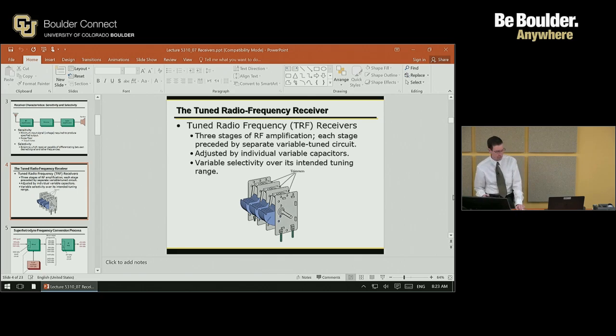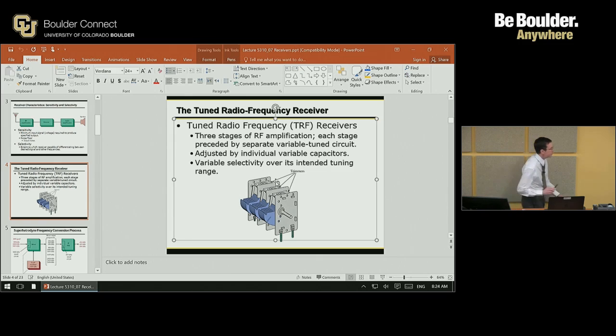The problem is I can't draw on this. But if you look at the top here, these are also capacitors. They're called trimmer capacitors. Because each stage is going to be slightly different, even though maybe this bottom part is all the same, you've got the trimmer capacitor on top so that it could all be perfect.